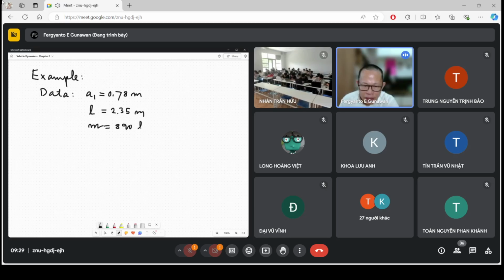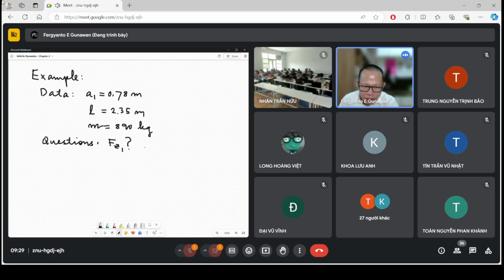And we have the mass of the car, which is around 890 kg. This is an example problem, and the question we try to answer is: what is the FZ1, which is the normal force on the front wheel?